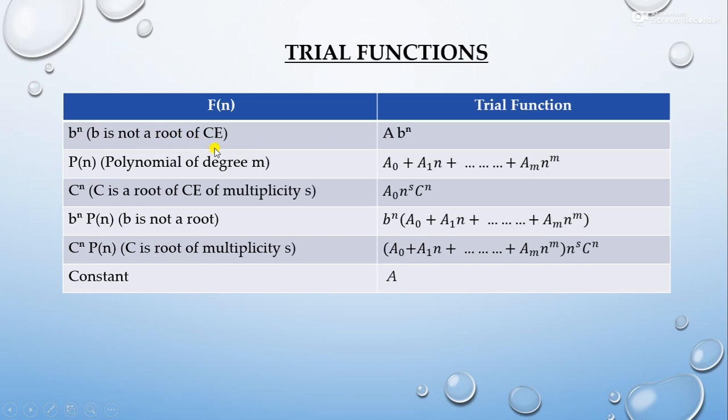of the characteristic equation. Now the second form is if our function Fn is a polynomial.